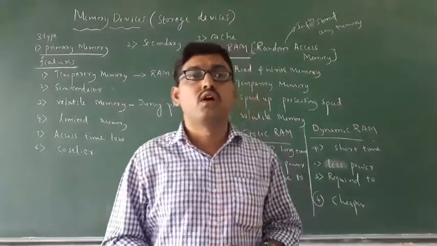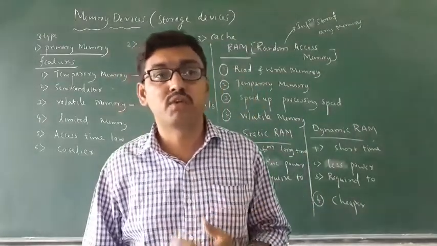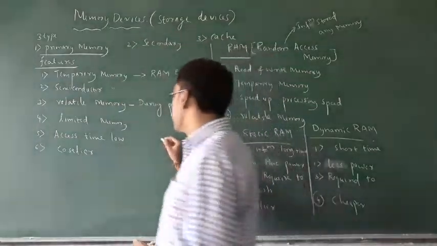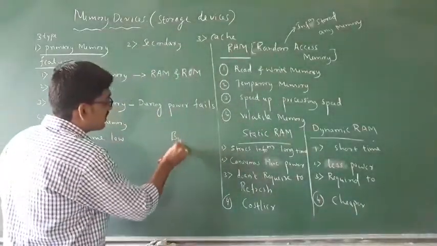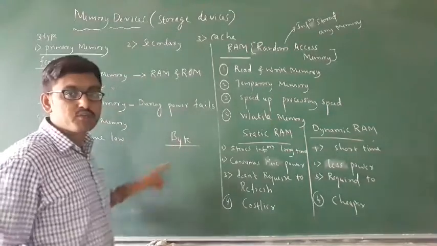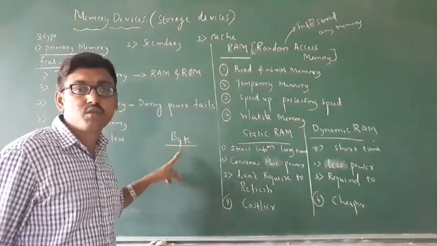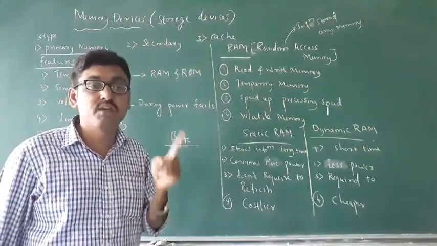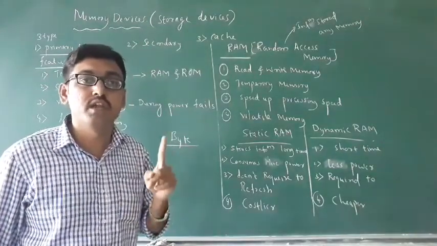Then you know how to measure the storage capacity of a computer, by using a byte. Byte means what? Byte means a sequence of 8 bits. A sequence of 8 bits is called 1 byte.